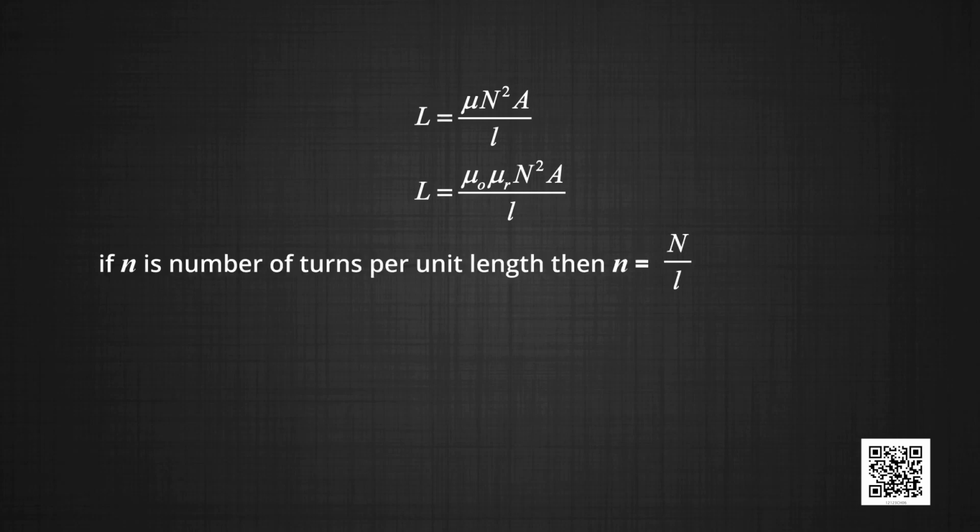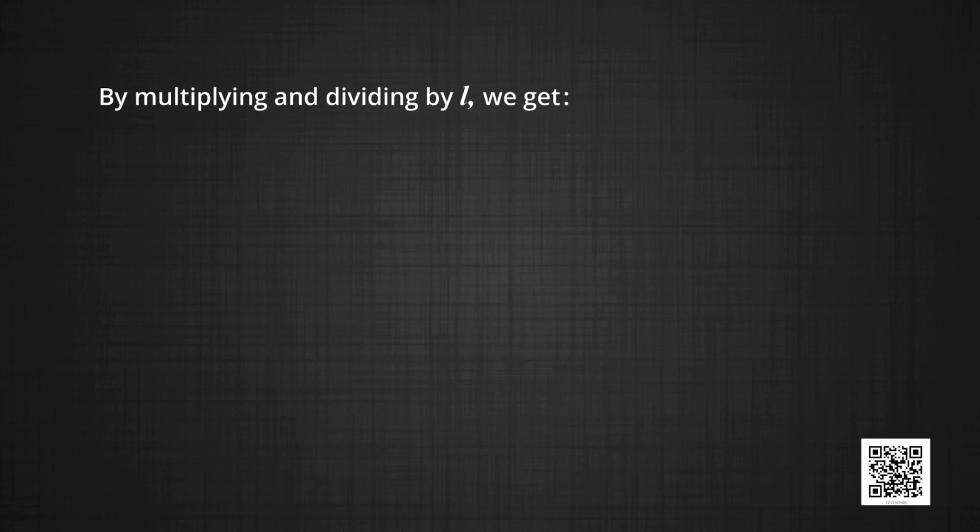If small n is the number of turns per unit length, as I already told you, so small n becomes equal to capital N by l. And multiplying and dividing by l, we get L is equal to mu naught mu r small n square A into l, where small n is capital N by l.